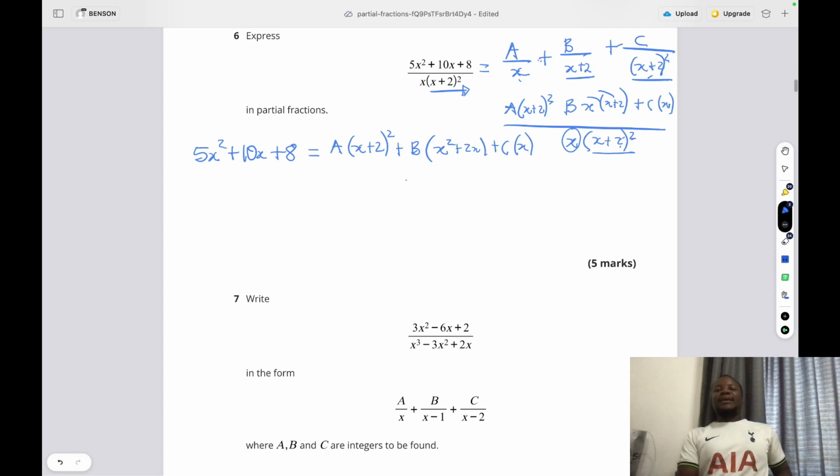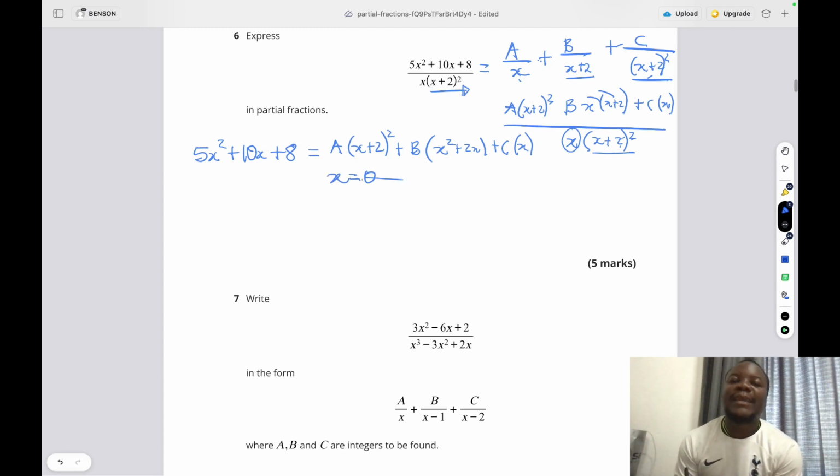Now when we get here, it's very easy to find the a, the b, and the c because we've got x's on all the sides. So I'm going to choose x that will make this guy 0. So this x that I'm going to choose is simply x equals 0.